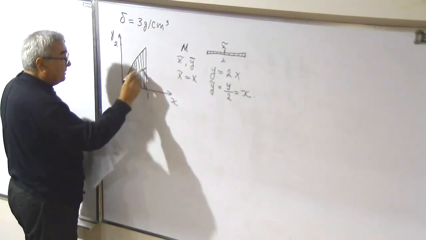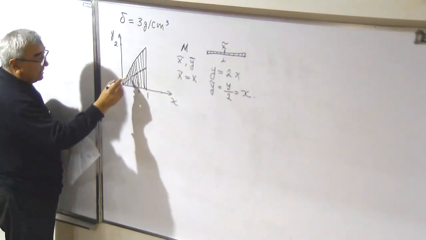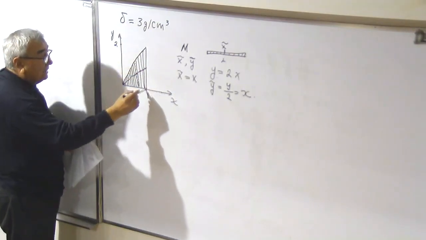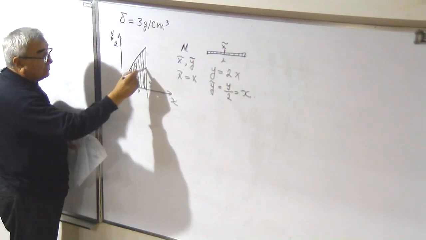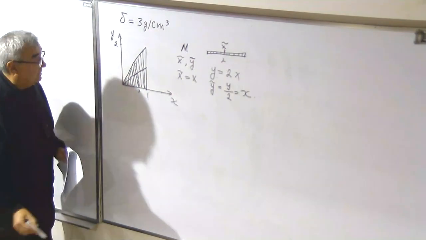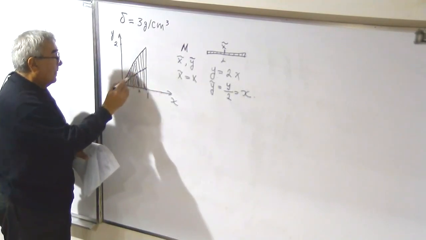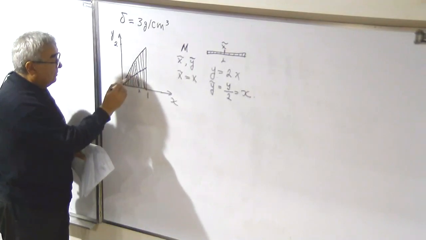The centers of mass of all these strips lie on this line, which divides this side in half. We call this the median of the triangle. So in the median we place the center of mass.